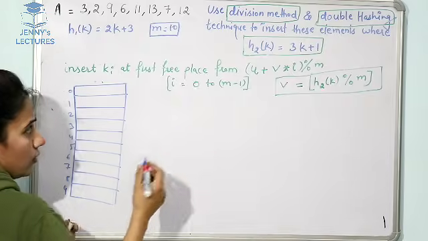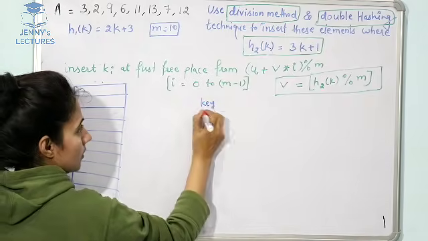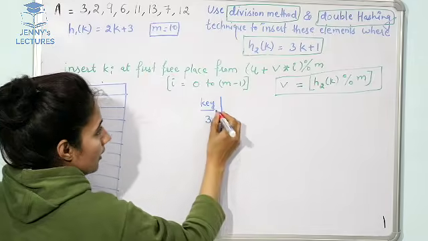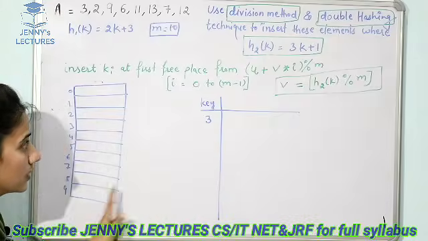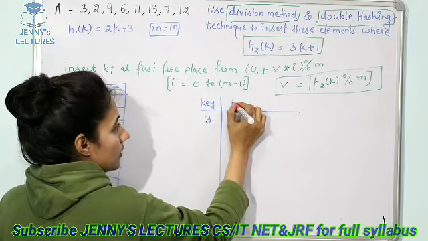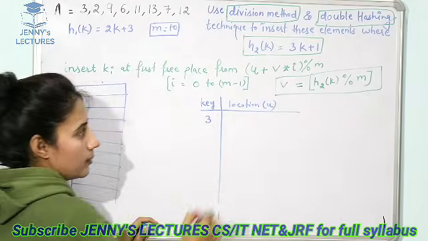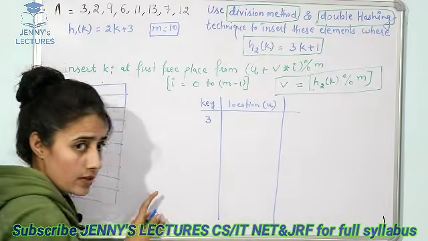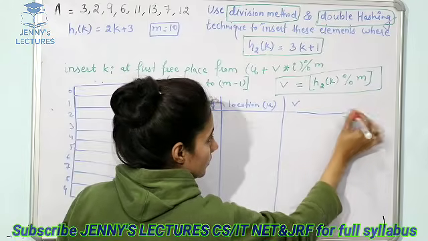Now calculate. For the first key, 3, we will calculate the location where we can insert it in this hash table, and that location will be represented by u. In this case you are also supposed to calculate v when a collision comes.